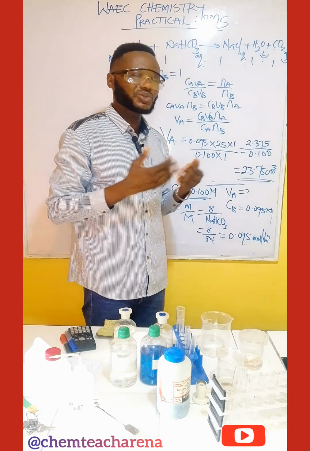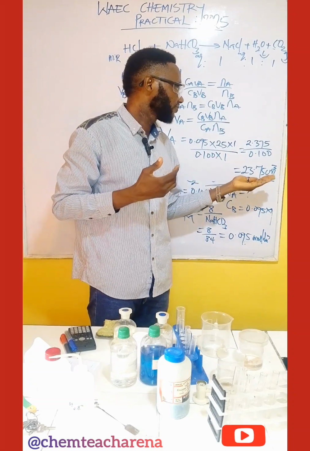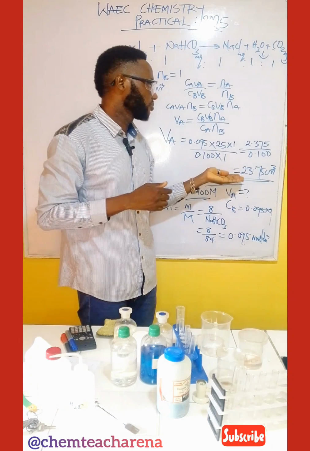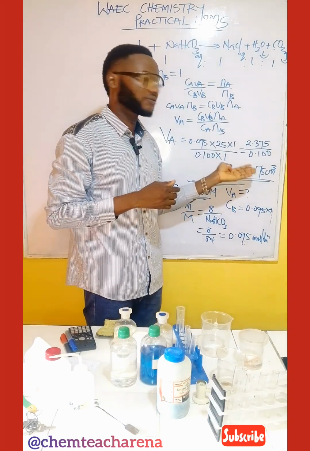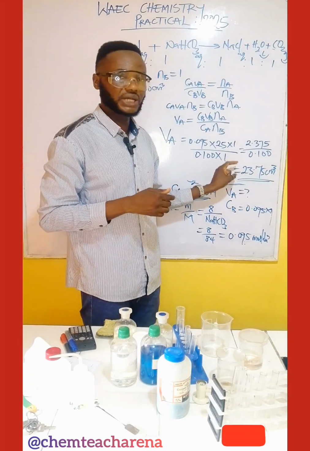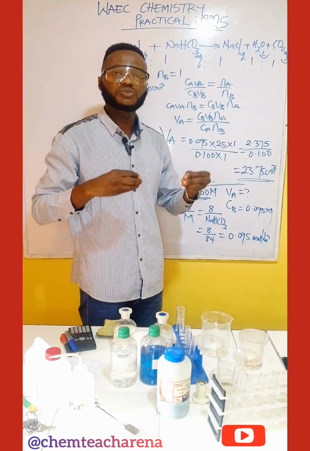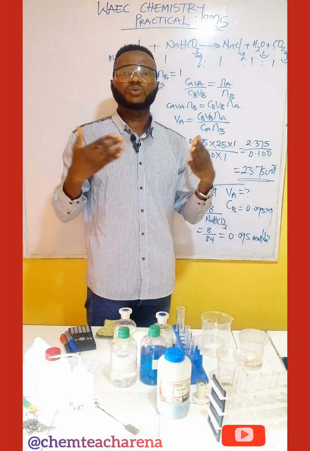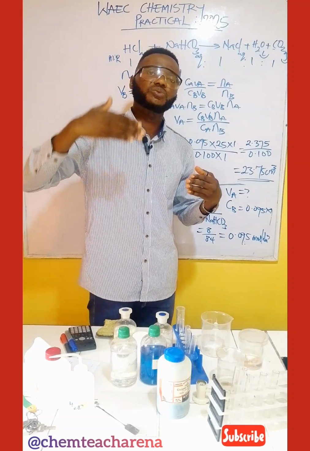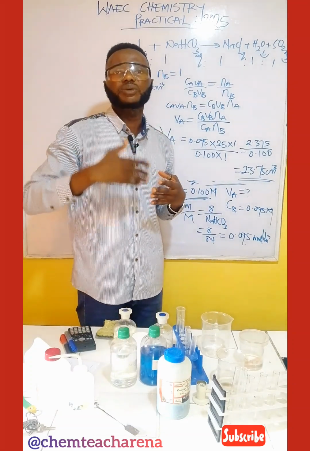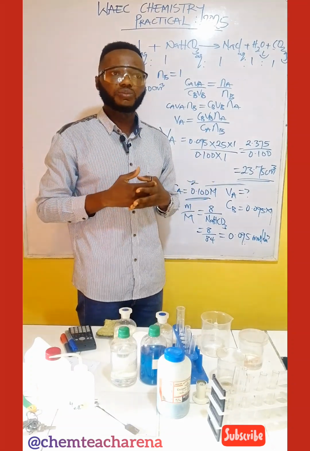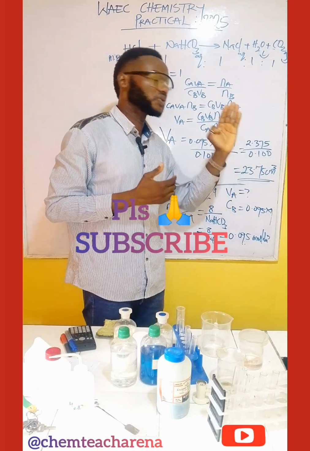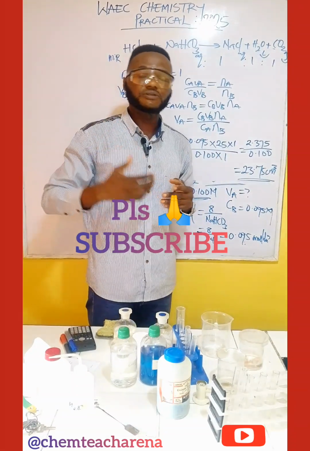If you can get 21 to 24, 25, I think you're on the safe side, because it might not be exactly 23.75, but this one is your guide. If you get 21 or 22, you are good to go. Because WAEC is going to mark based on the teacher's report. That is what WAEC will use to mark your students. But on your own side, your end point should be from 20 and above, maybe to 25.